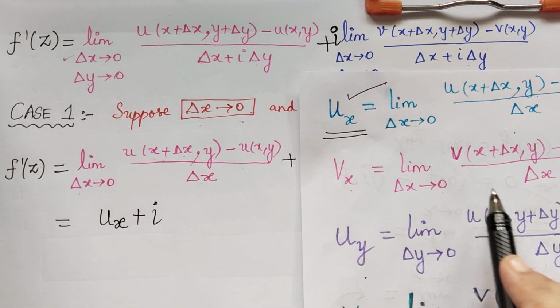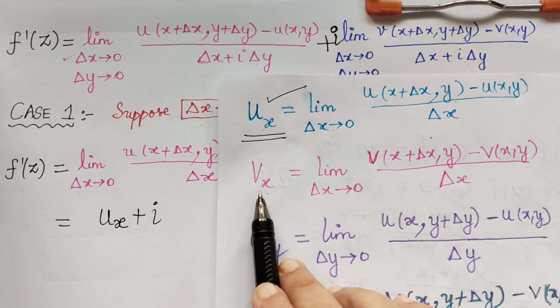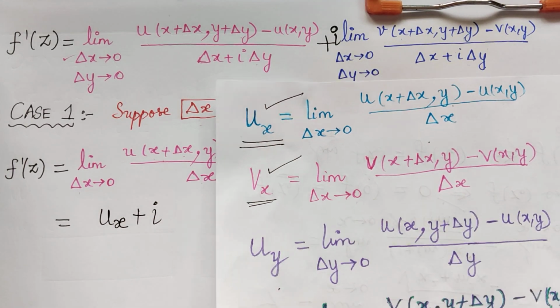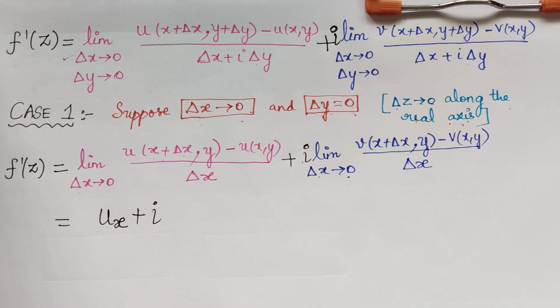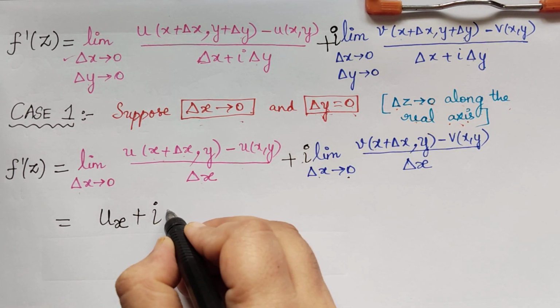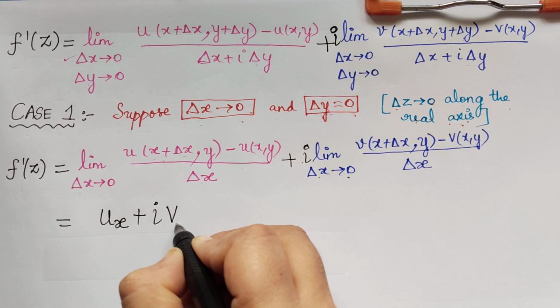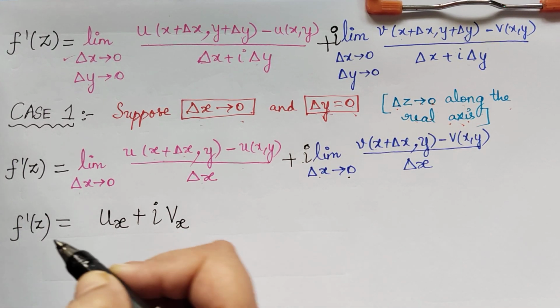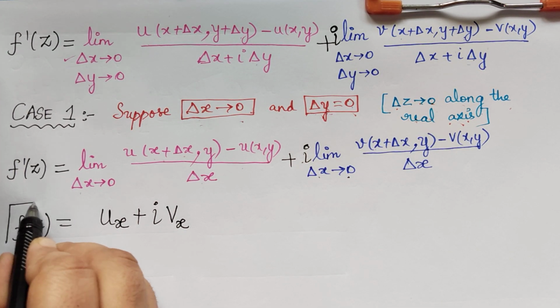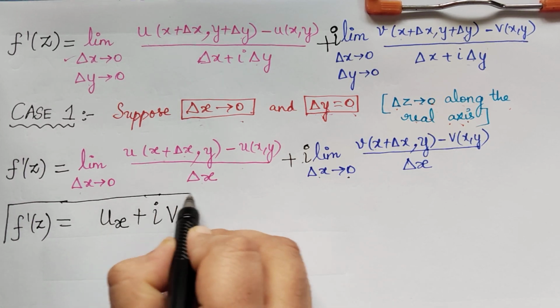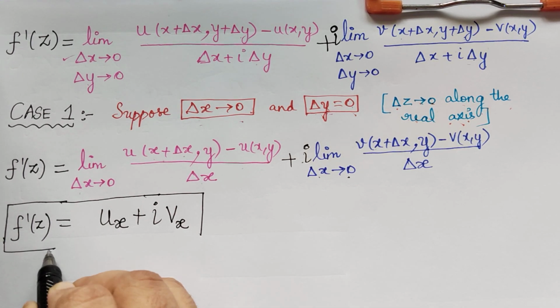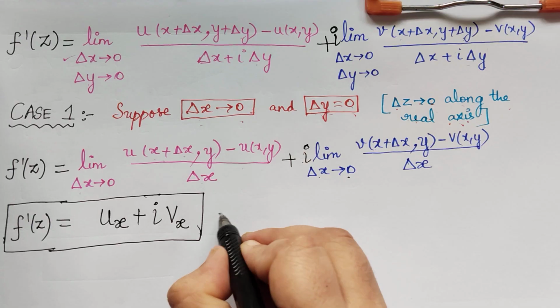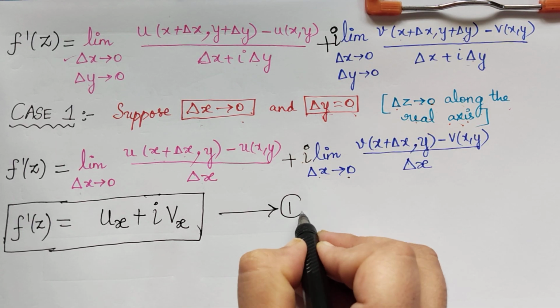It is equal to vx. By the definition of derivatives, that's why I have written that separately and shown you. Therefore we have obtained f dash of z equal to ux plus ivx. This one we will mark as equation 1.